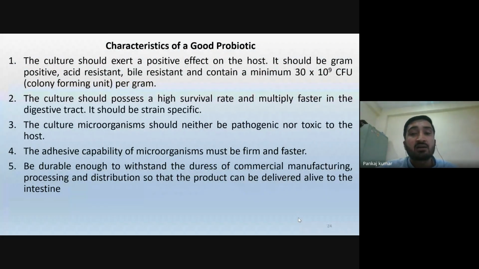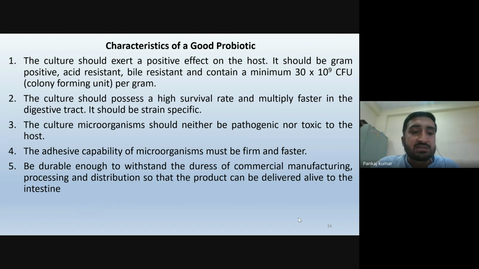Now, what are the characteristics of a good probiotic? The culture should exert a positive effect on the host. It should be gram-positive, acid-resistant, bile-resistant, and contain a minimum of 10 to the power 9 colony-forming units per gram. So, being bile-resistant and acid-resistant, it will escape the stomach acid. The culture should possess a high survival rate and multiply faster in the digestive tract.